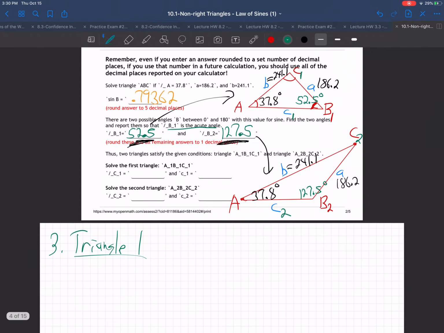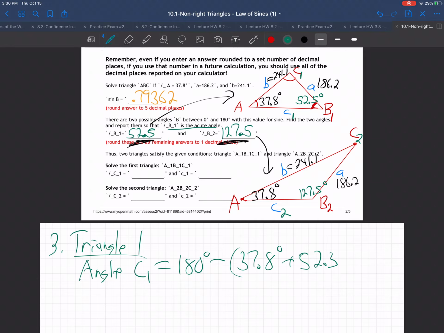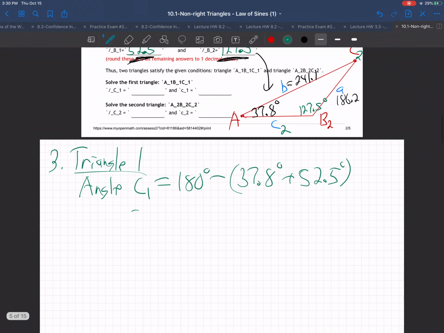Well, you find angle C by the total 180. Angle C1 is 180 minus the other 2 angles, 37.8 degrees plus 52.5 degrees, right? So angle C1, take your calculator. Let's figure that out.